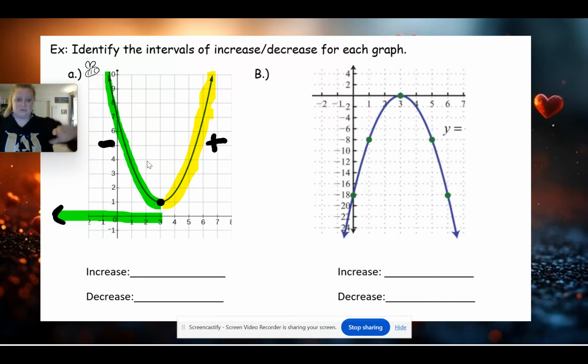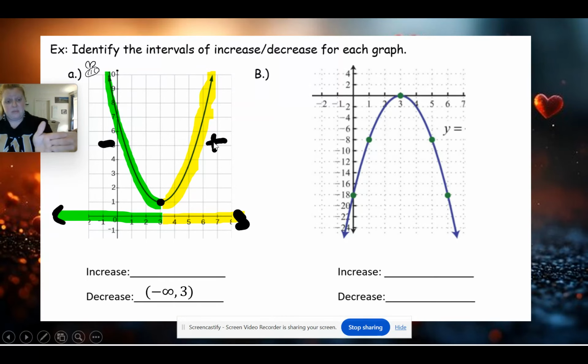Well, it goes forever to the left up until 3. That whole section is downhill. So that would be at negative infinity, because we have to use a symbol for left. There's no definitive starting point. We can always push that bee back. But he will stop flying down at 3. And then after 3, he's flying uphill forever.